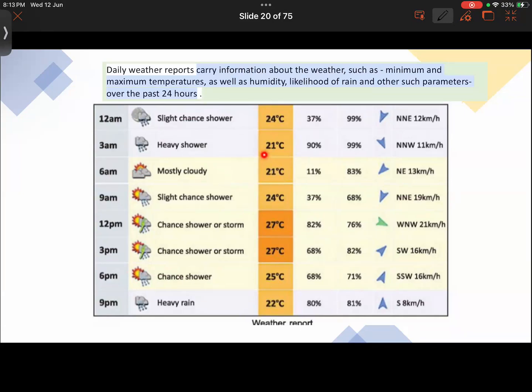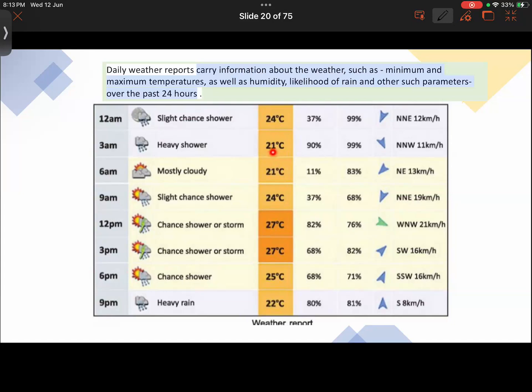So early in the morning, the temperature is very low. You will have observed this when you go for a morning walk. The temperature at that time is usually low. What was the maximum temperature? So 27 degrees Celsius, right?